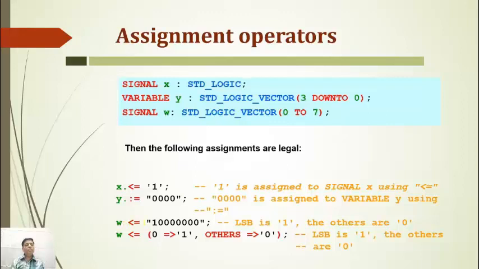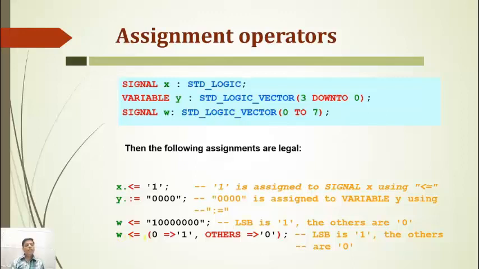Then W is less than or equal to double quote, 8-bit value, 1 followed by 7 zeros, double quote, semicolon. Here the MSB is 1, the others are 0.